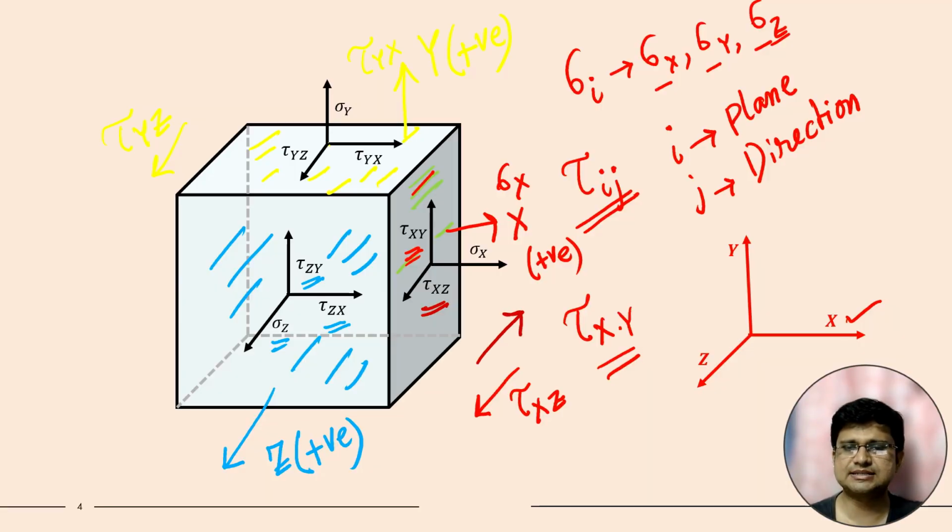It will still be tau xz, but here it will be minus tau xz, because for this plane the normal is along the positive x direction, so this plane is the plane of positive x. For this plane, if the shear stress is acting along a positive direction, either z or y, then it will be tau xz or tau xy. But if it is acting in the opposite direction, it will be minus tau xz. And in place of this tau xy, if it is acting in this direction, it will be minus tau xy. So this is the concept.